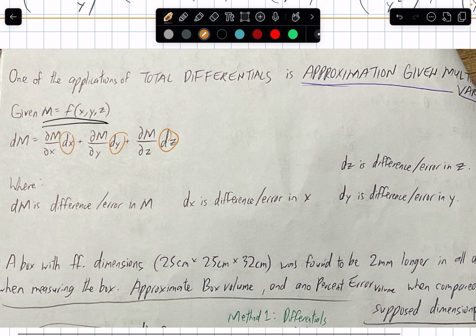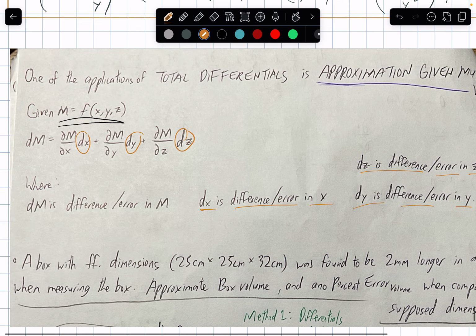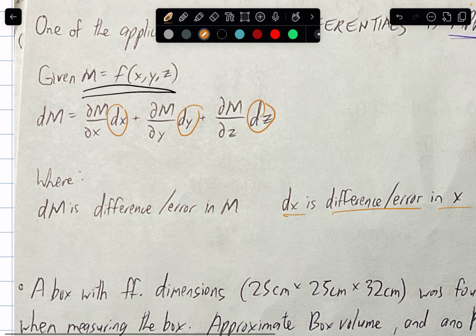So dx is the difference or error in x, dz, difference or error in z, dy, difference or error in y. And dm, on the other hand, is now with a more specific definition in the context of word problems. So it is the difference or error in capital M.